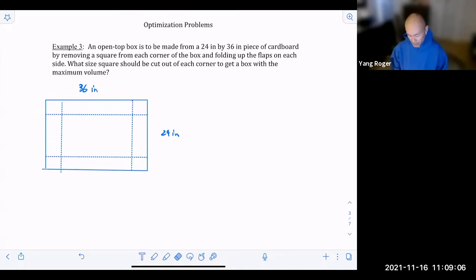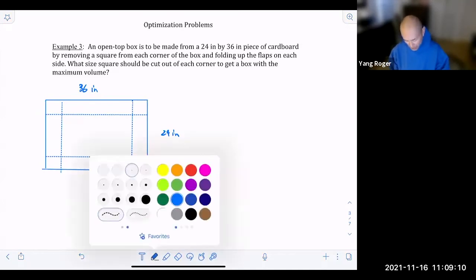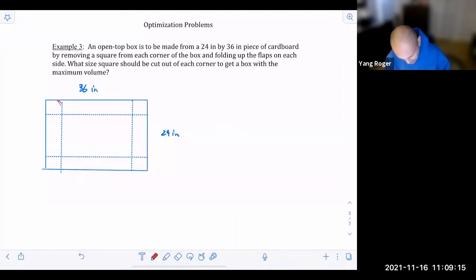Okay. So you got these 4 squares over here that you're going to cut out. So you're going to cut out this square, this square, this square, and this square. And after you do that, you're going to get a rectangular box.